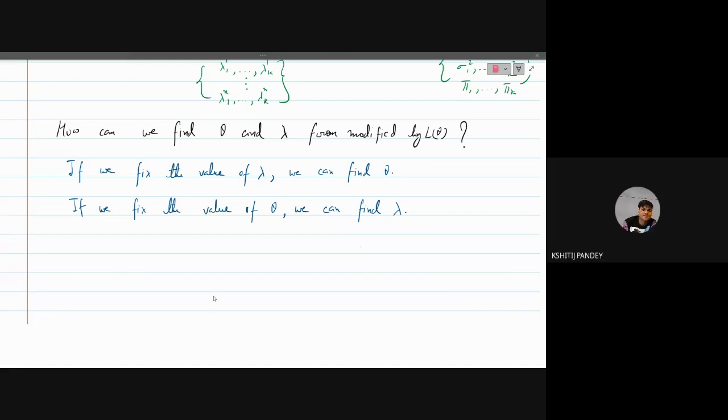In the modified log likelihood function, they are unknown parameters. We are saying that from the modified log likelihood function, we can find the value of lambda if we fix thetas. And by theta we mean all the mu's, all the sigma squares, all the pi's. If we fix all of them, we can find the values of lambdas, and if we fix lambda, you can find the values of all mu's, all sigma squares, and all pi's.